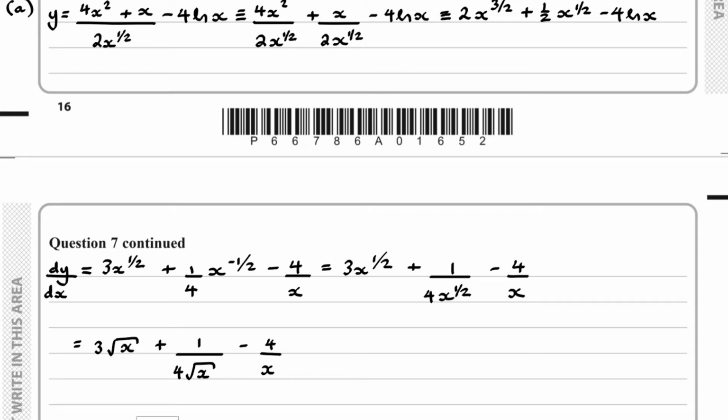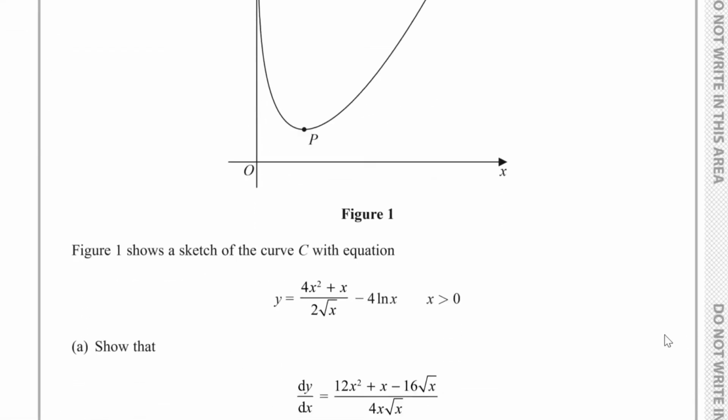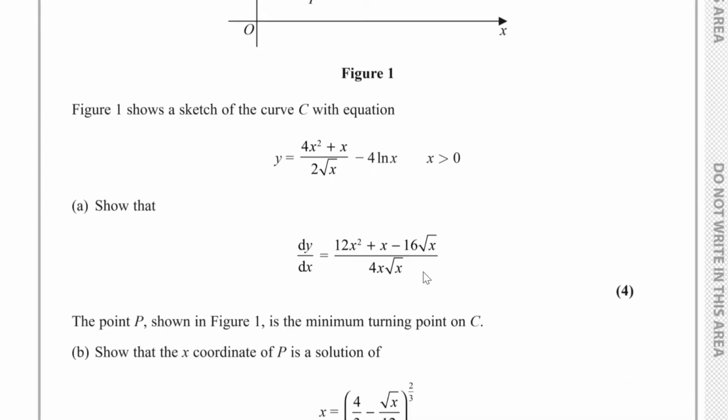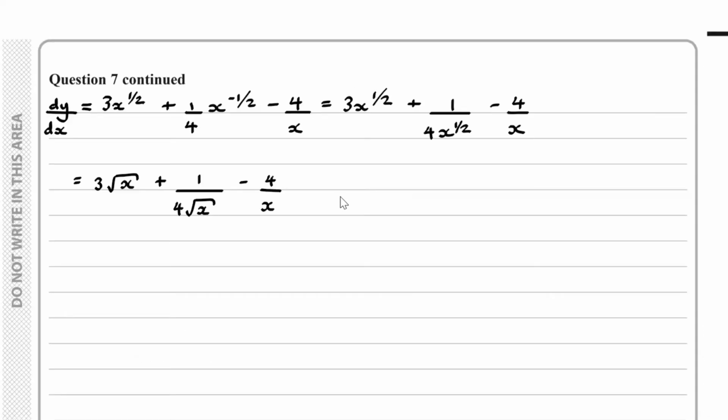And if we pay attention to what we wanted to show, you'll notice at the bottom we have a 4x times by the square root of x. And we can rewrite every term such that we have that denominator.